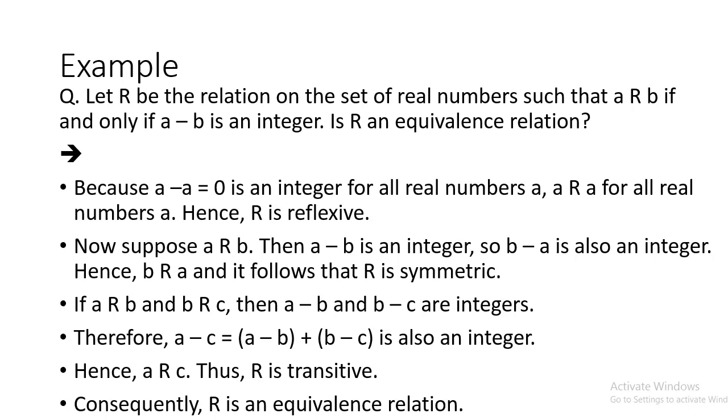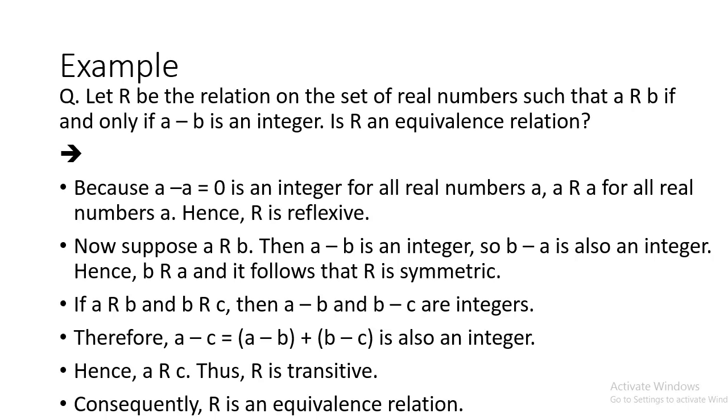So here we assume that a is related to b, so we get a minus b is an integer. If a minus b is an integer, then b minus a is also an integer. Hence b R a, that is b is related to a, and it follows that R is a symmetric relation.